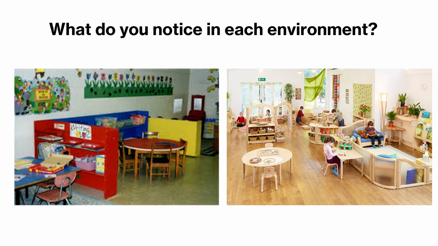The second classroom has natural light, plants, and a calming, neutral aesthetic, which supports focus, emotional regulation, and a connection to nature. The first classroom is more visually busy with bright colors and wall decorations, which can be distracting and overstimulating for some children.